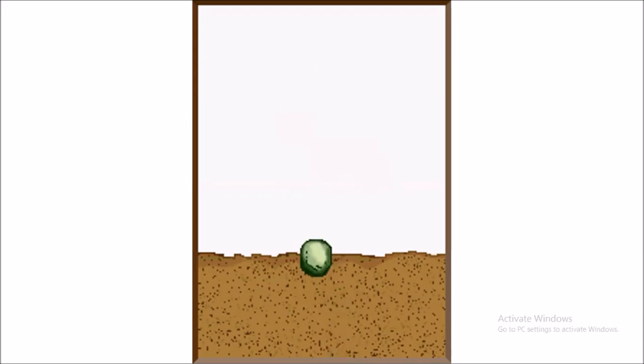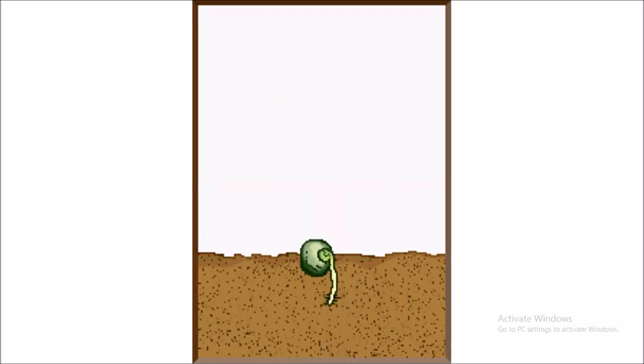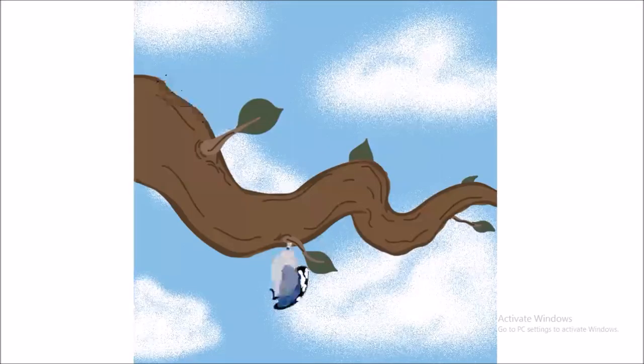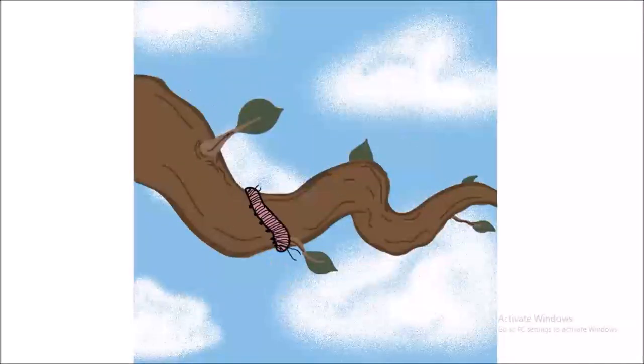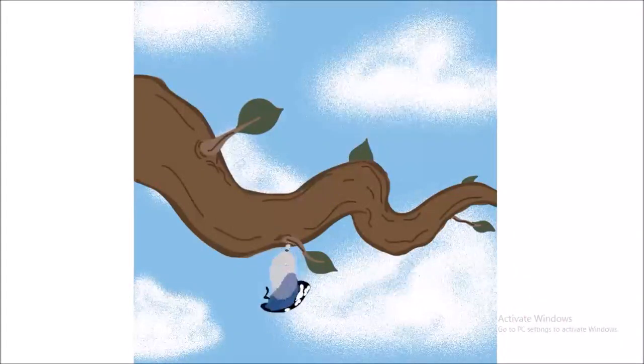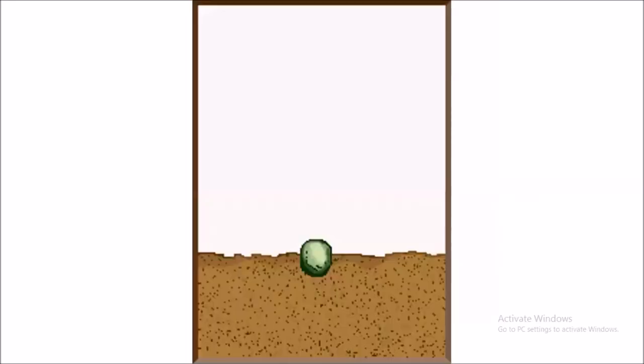Plants move into different stages to grow into a whole plant with flowers and they produce seeds. And also, animals have their own life cycle, like the caterpillar here. That's what we will learn about in lesson 3. So again, life cycle is the stages, we can say the steps, a living organism goes through from the beginning till the next generation is made.